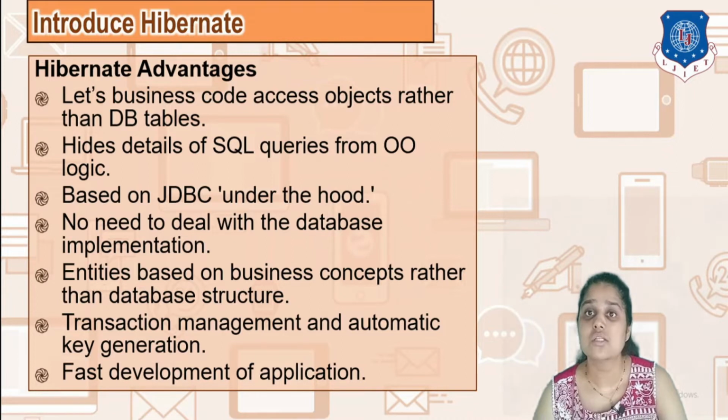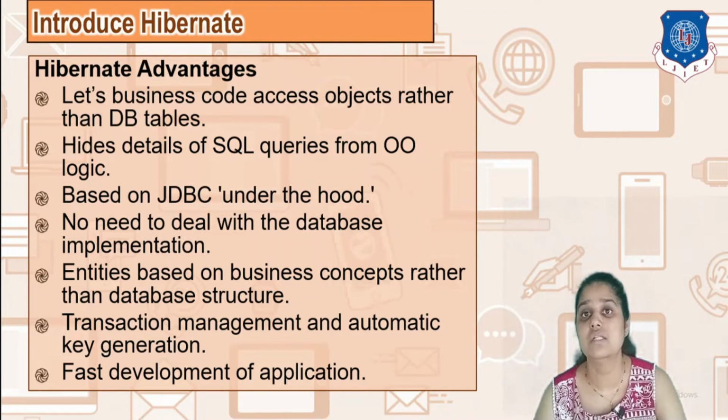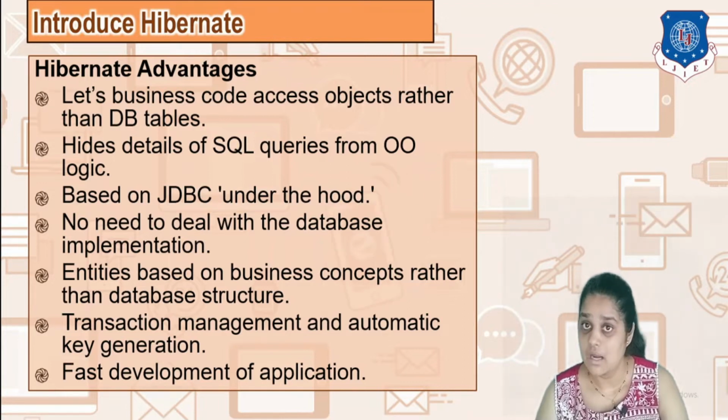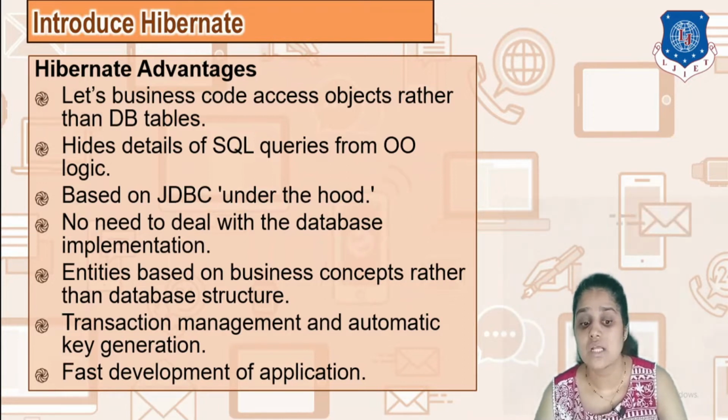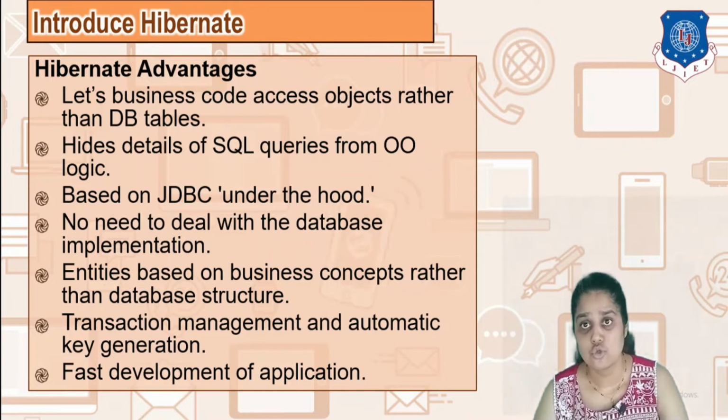So here you just have to worry about what you are writing in the class, and if you know what you are writing in the class, then it becomes very simple to insert all that you store in a class into the database. It automatically handles transactions and key generation, or primary key generation. And development becomes very fast. Due to all these reasons, we prefer Hibernate over JDBC.